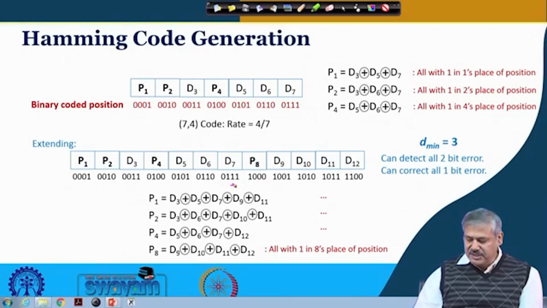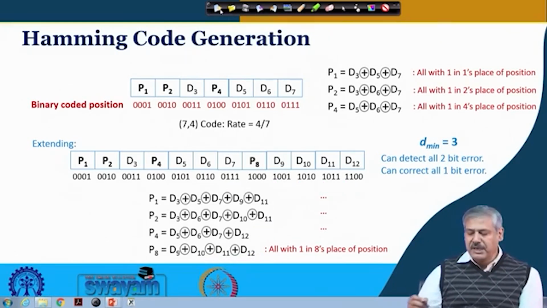Then in the 4's place, you can see D12 has a 1, so D12 will come. And finally, for P8, in the 8's place where there is 1: D9, D10, D11 and D12. Is it clear now?